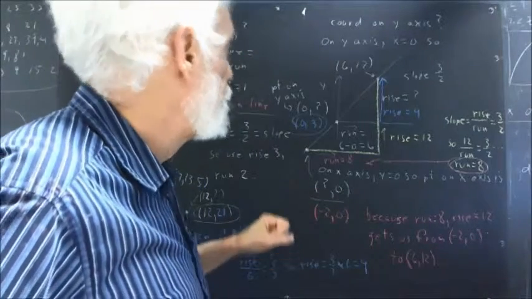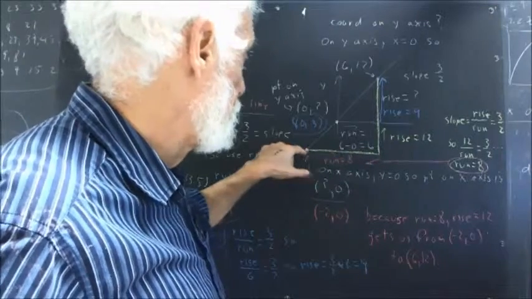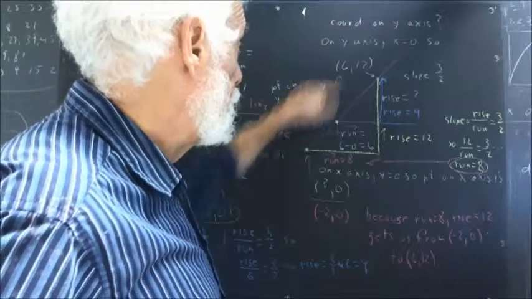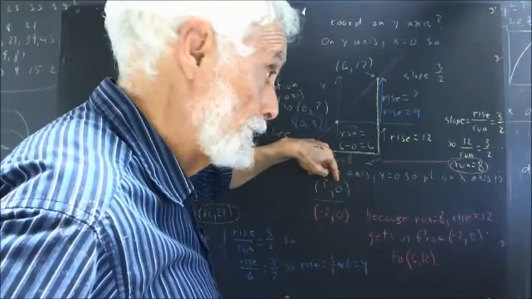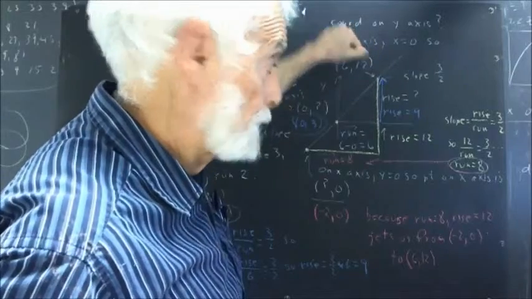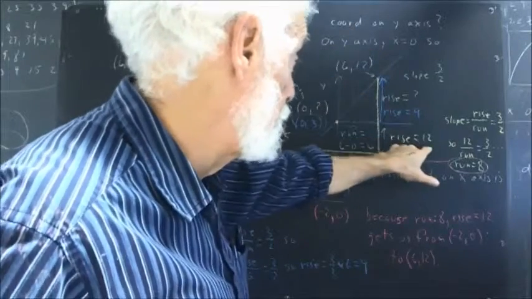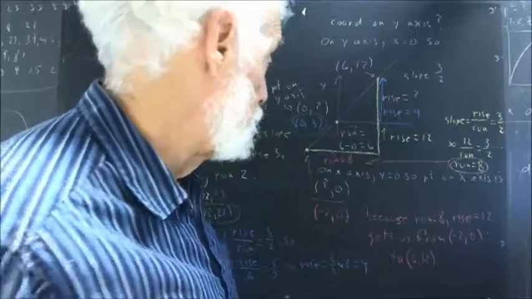Now, the rise from the point on the x-axis up to 12 is going to be 12 minus 0. And obviously from the x-axis up to a point with y-coordinate 12, the rise has to be 12. So I've indicated the rise for this yellow triangle to be 12.